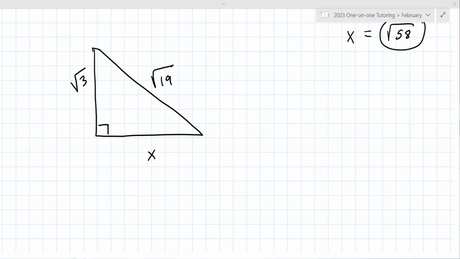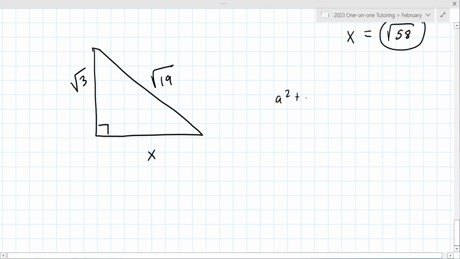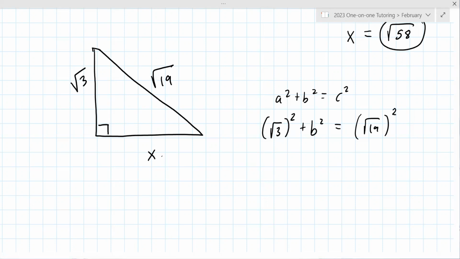You want to start by writing a squared plus b squared equals c squared. It's the square root of 3 squared plus b squared, because we don't know x, equals the square root of 19 squared. So take it from here.